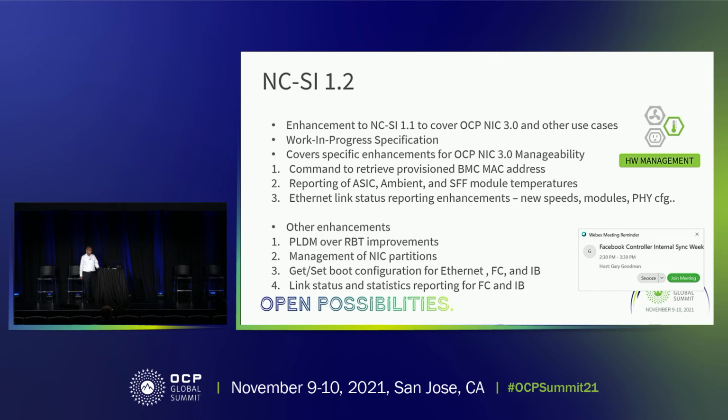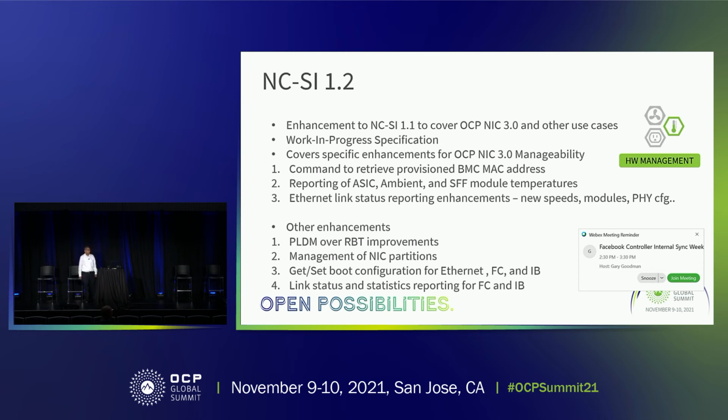NCSI 1.2 provides the ability to read that information out of the optical module and report it back to the BMC so that we can monitor that and make sure that it is also within its thermal profile.